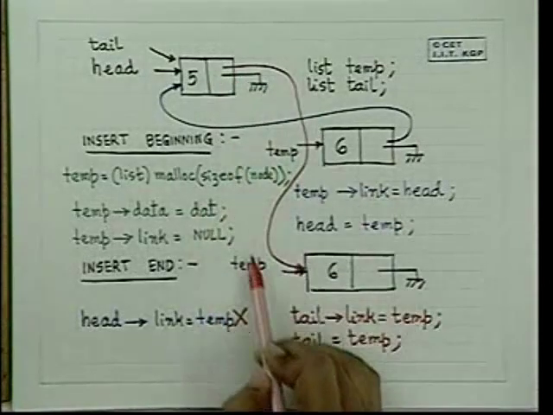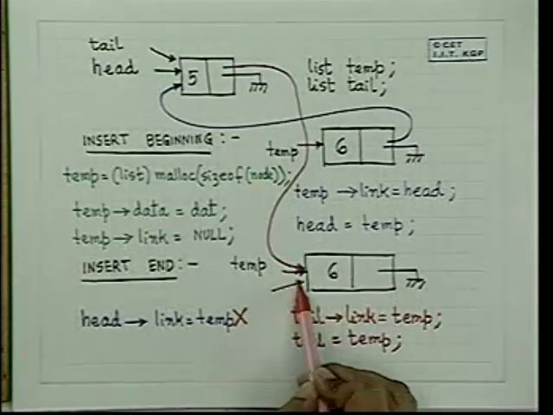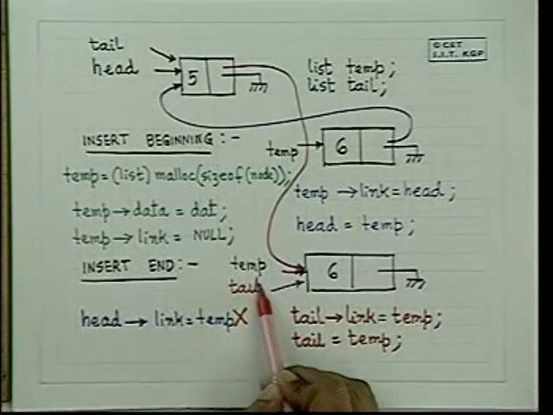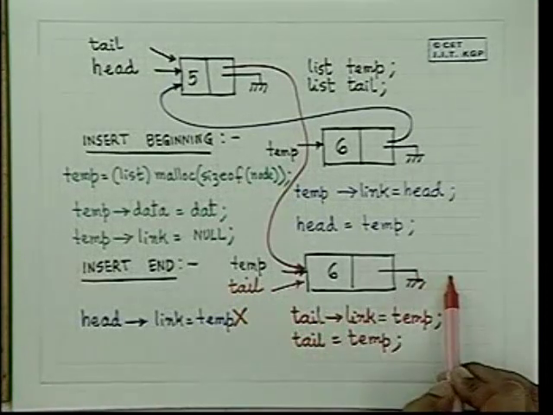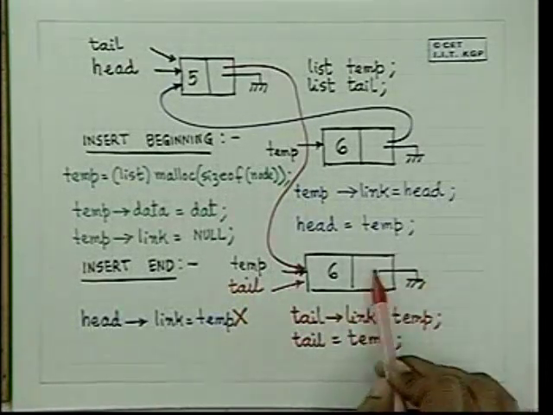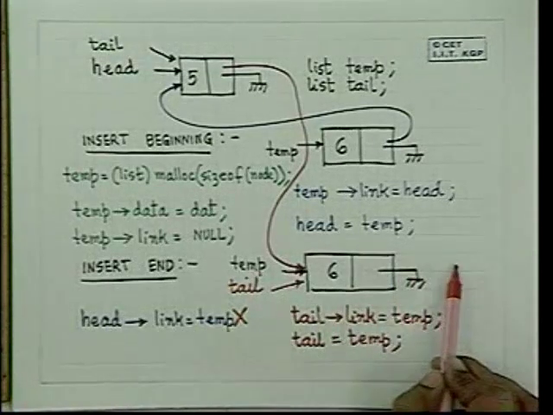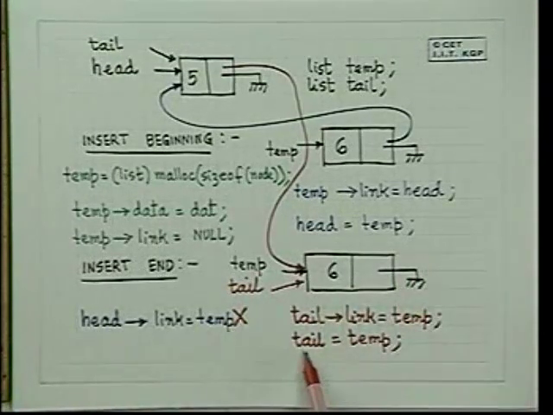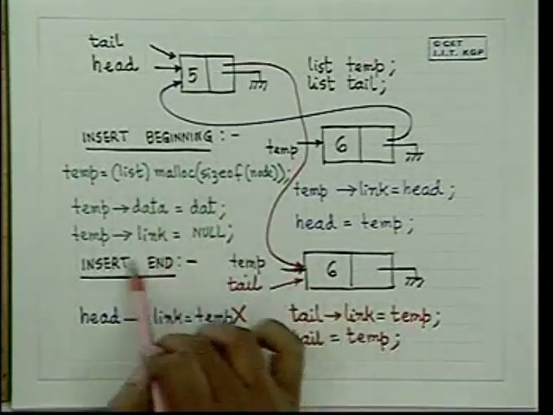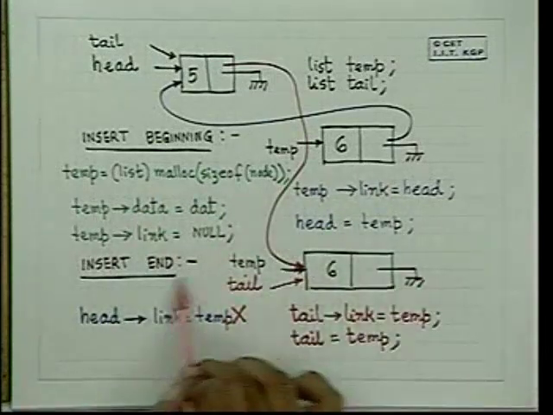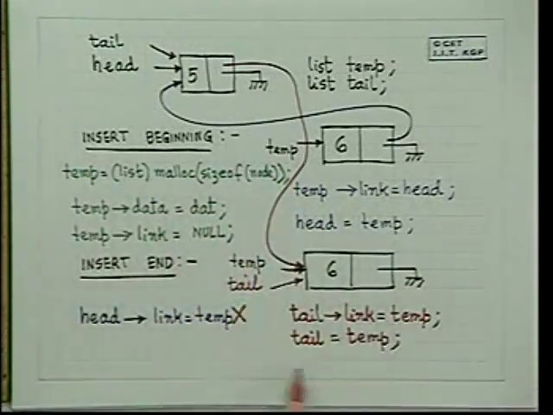So tail dot link will be temp, and this will become tail. Whenever the next element comes in, again tail dot next will become temp and tail will become temp. Here you could have also written tail is equal to tail dot link, which is the same as temp, because these are both identical. And this part you can put into a loop, which will continue adding and inserting data.